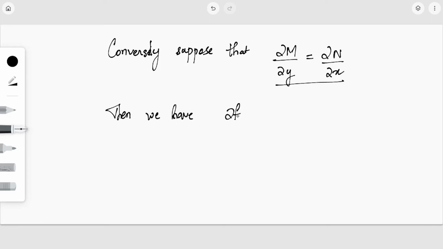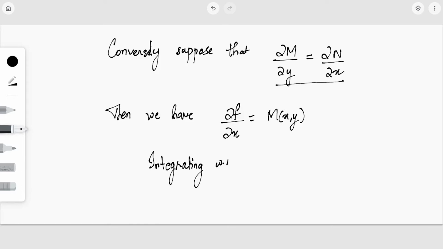∂f/∂x is m of xy. So let me just integrate this expression.